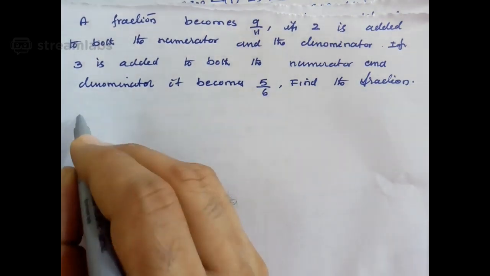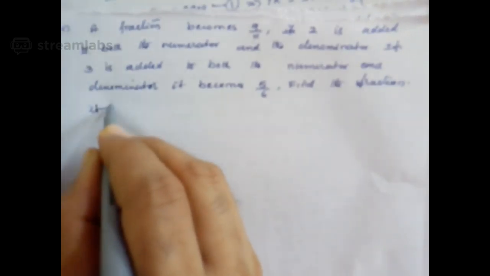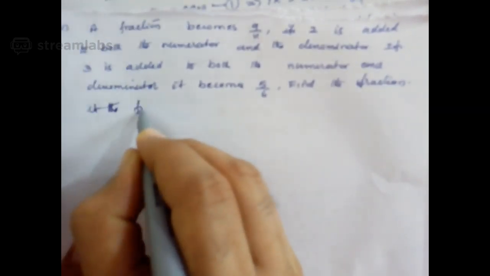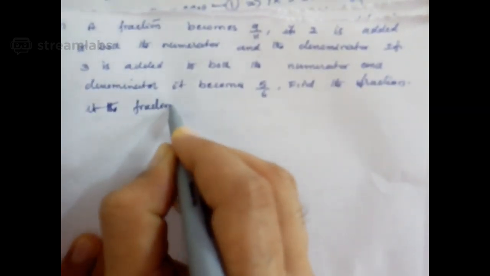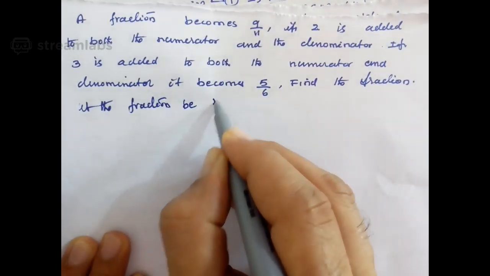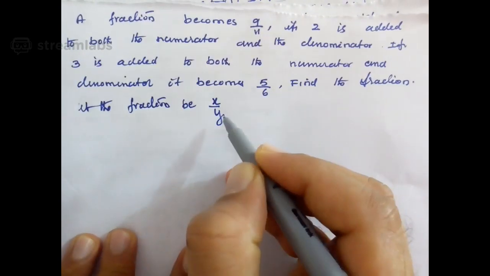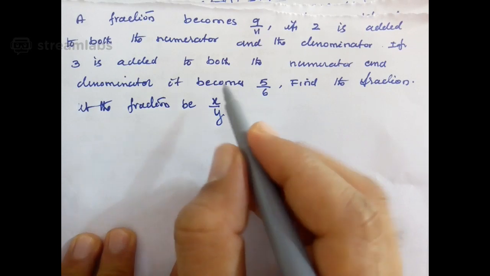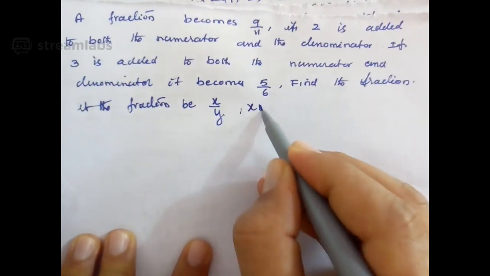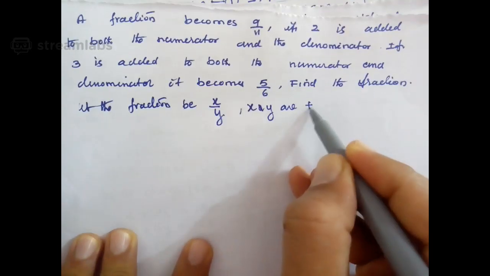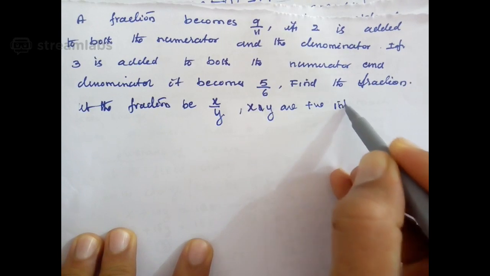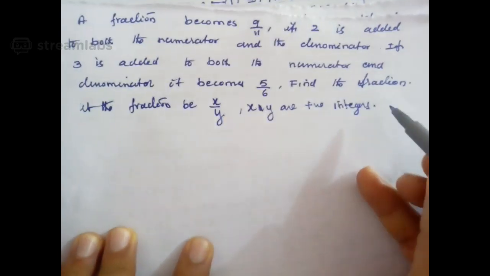So we don't know what is the fraction. Let the fraction be x by y, where x and y are positive integers. Correct?